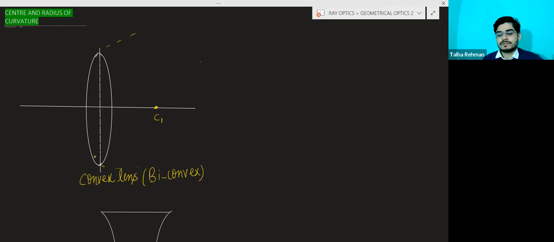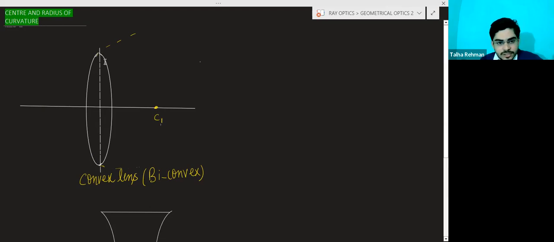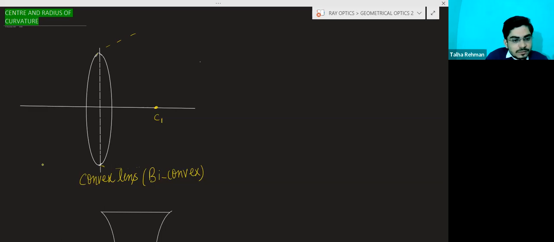Suppose this is C1. Now for the other surface also, when you complete the sphere, you will get another center of curvature. So in the case of a lens, there are two centers of curvature.